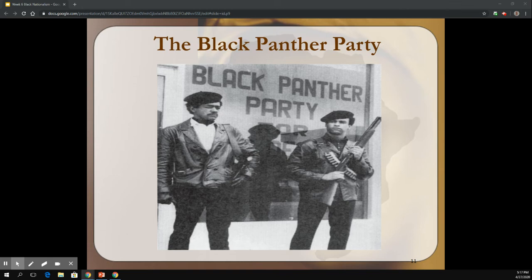They also launched drug education programs. They were a revolutionary organization who adopted the slogan, "Power to the People." By 1970, the Black Panther Party had over 30 national chapters in major cities throughout the United States.